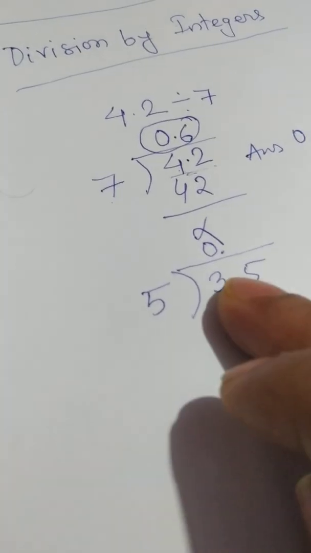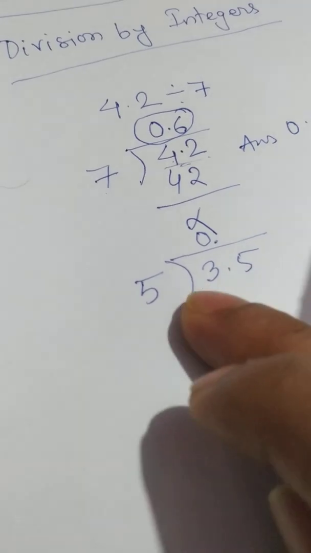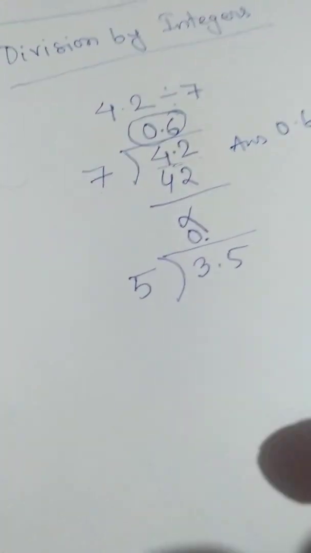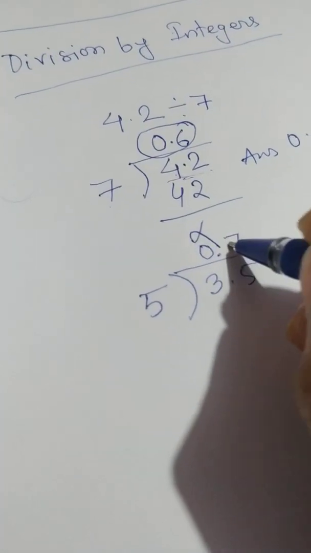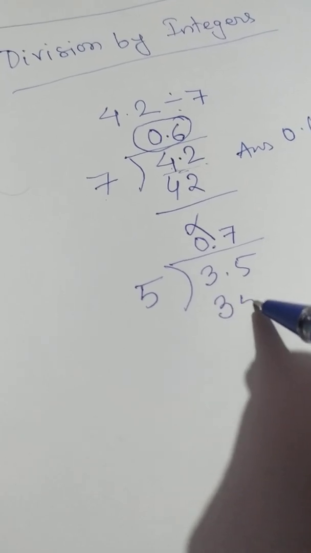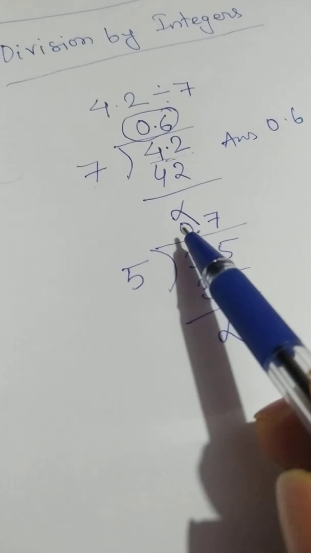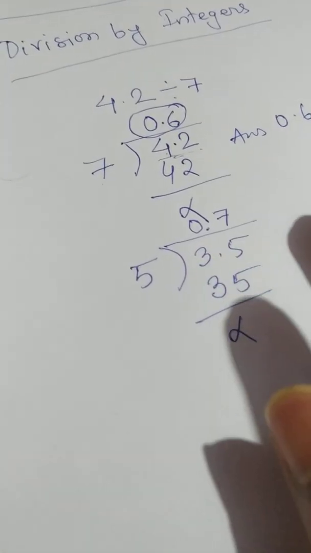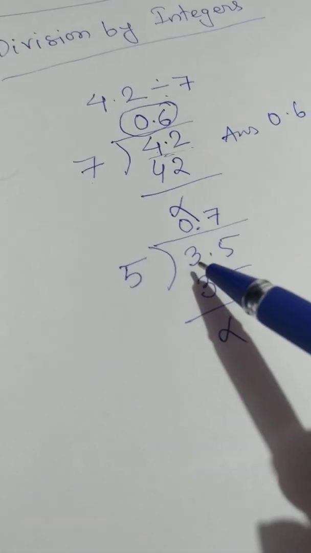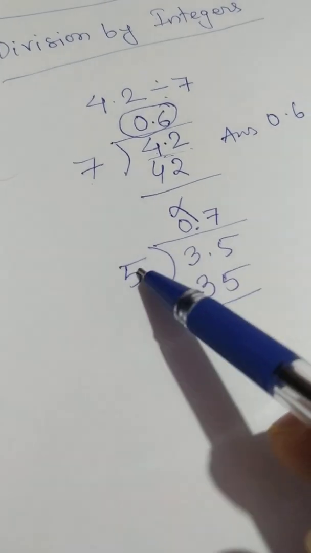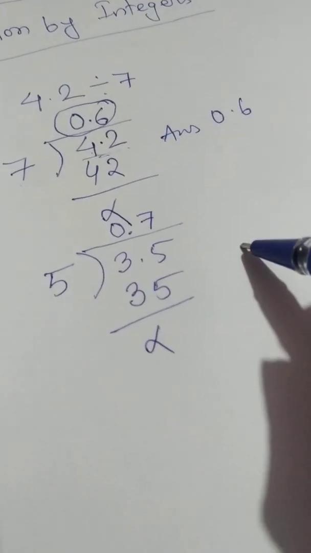Now you can consider 35 together. So 5 into what is 35? 5 into 7 is 35. Got my point? Once you put 0 point over here, you can take this point out of consideration, so you can consider the whole number 35. So 5 sevens are 35. So answer is what?